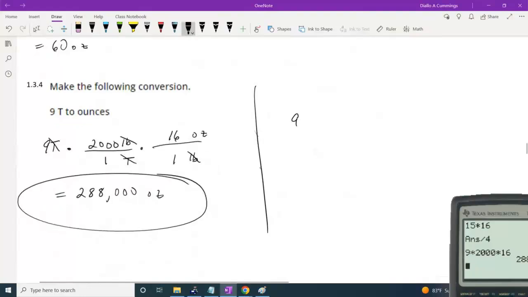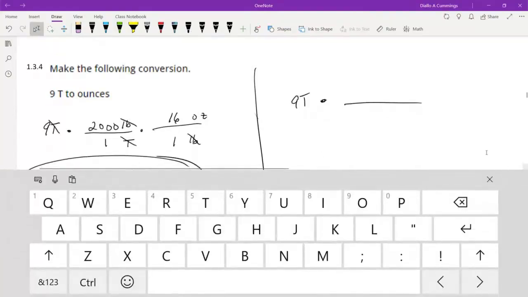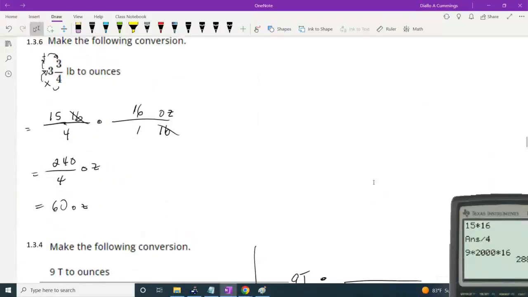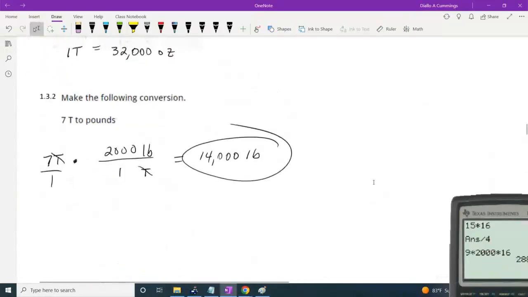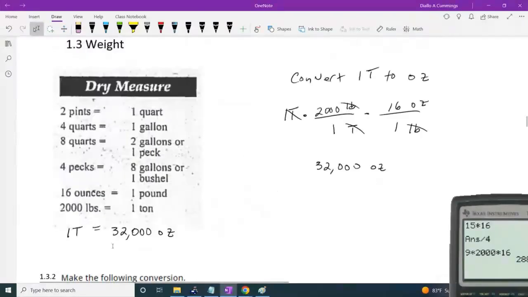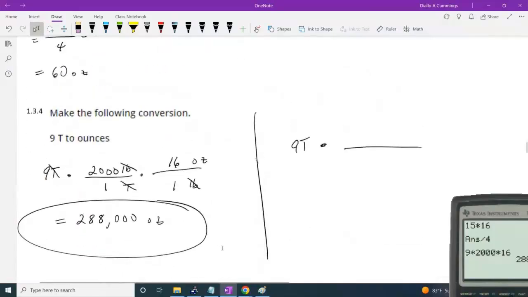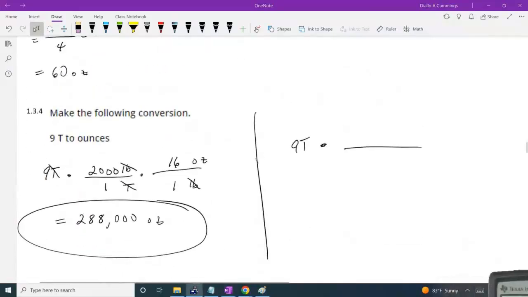All right, so over here, I'm going to still convert that 9 tons to ounces. Since I have a direct conversion from tons to ounces, right, 1 ton is 32,000 ounces, I can actually write that out in a unit fraction.